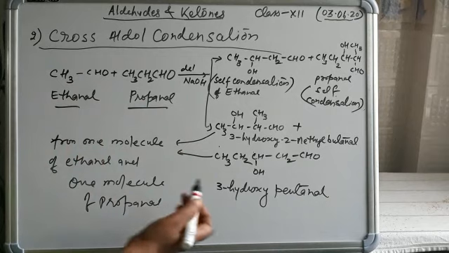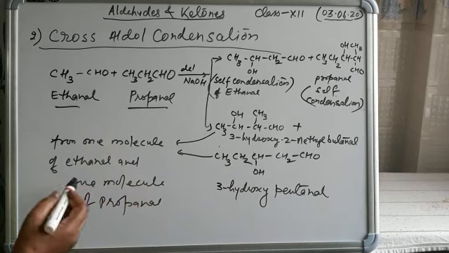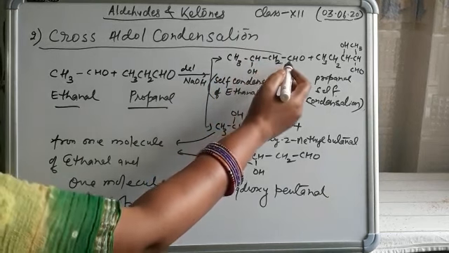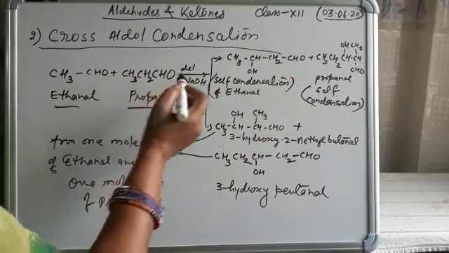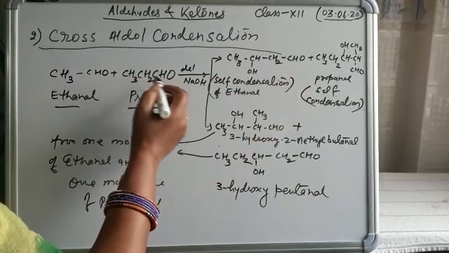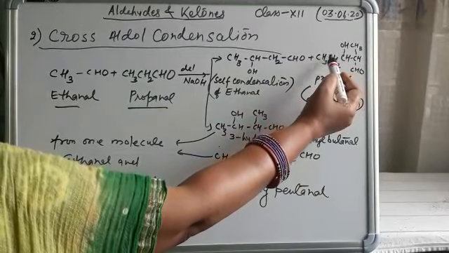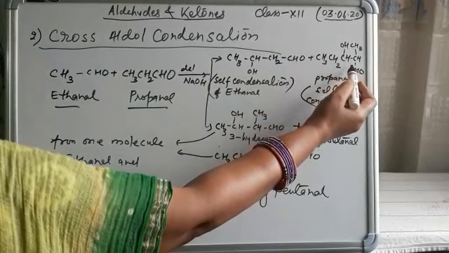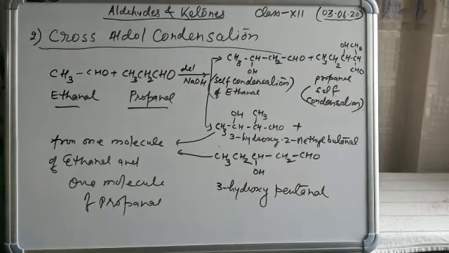And 3 hydroxy pentanol is also formed when one molecule of ethanol and one molecule of propanol react to each other. And this compound, 3 hydroxy butanol, forms when self condensation of ethanol takes place, and when propanol undergoes self condensation, formation of 3 hydroxy 2 methyl pentanol takes place.